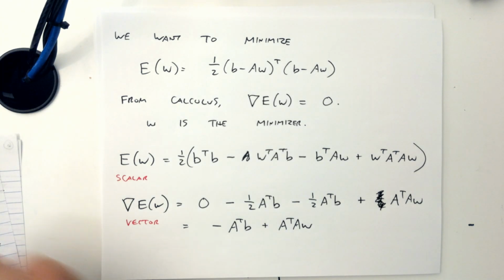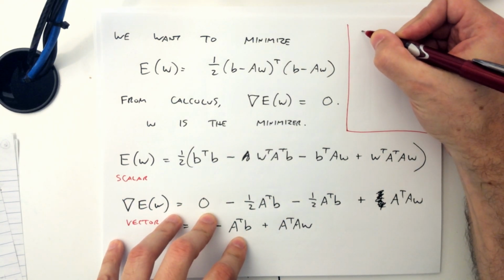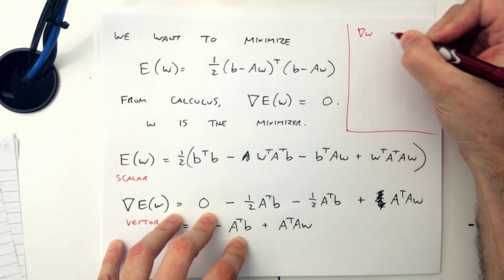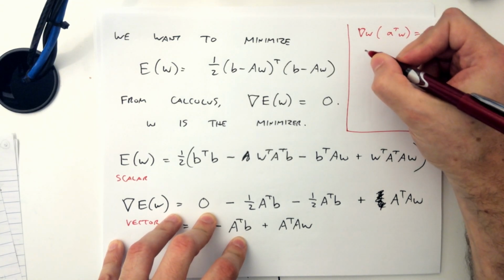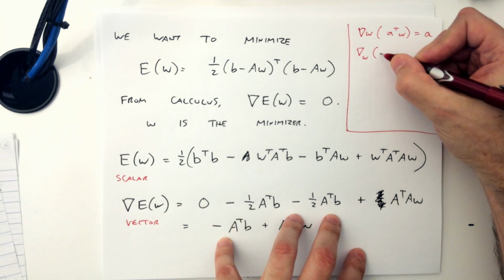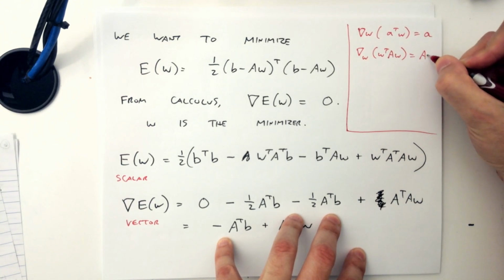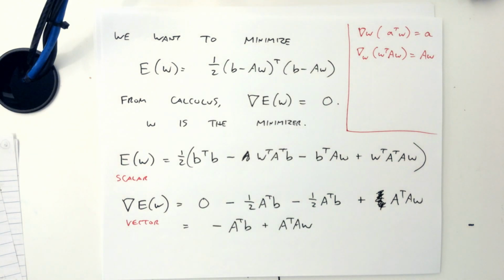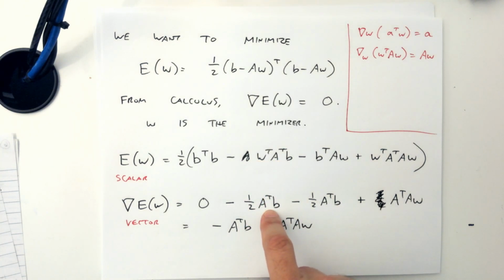The gradient with respect to W of A transpose W is this vector A. The gradient with respect to W of W transpose some matrix W is equal to AW. That's just a reminder of where this came from. Here, I've got this vector A transpose B that is playing the role of multiplying by W. That's where this A transpose B comes from.